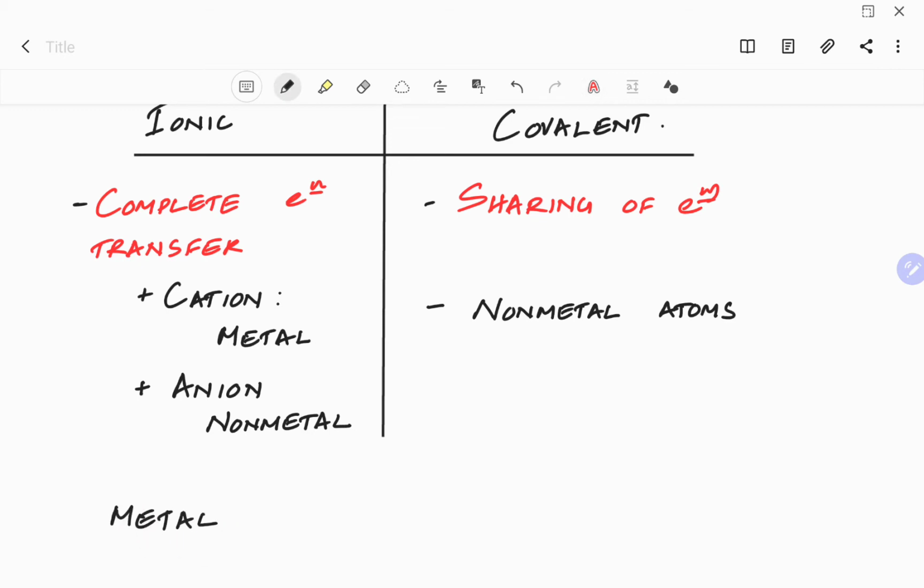Why? Because they have a larger atomic radius. In other words, the electron cloud of metals is large, and therefore the nucleus has less control over its electrons. So those electrons are more likely to be lost.